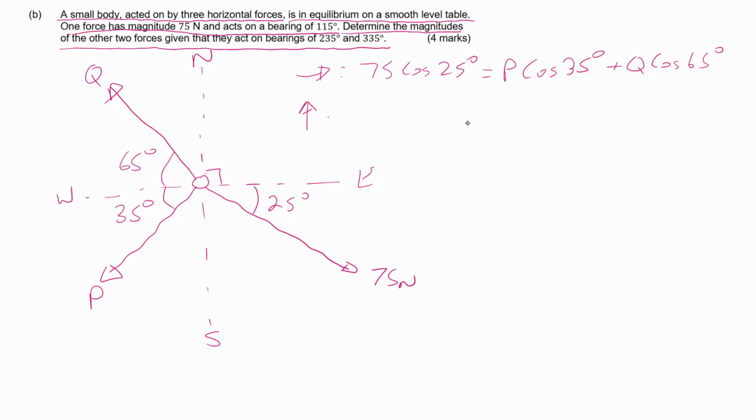Then if we look vertically, a component of Q is acting north. That would be Q sine 65 degrees. That's going to be equal to P sine 35, which is acting south, and also the 75 sine 25, which is acting south.